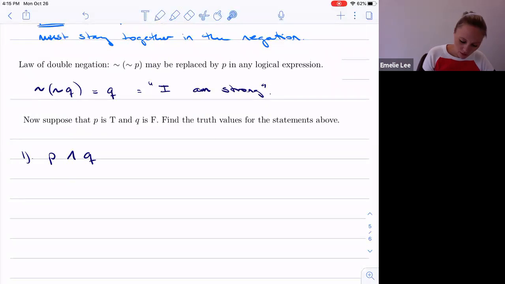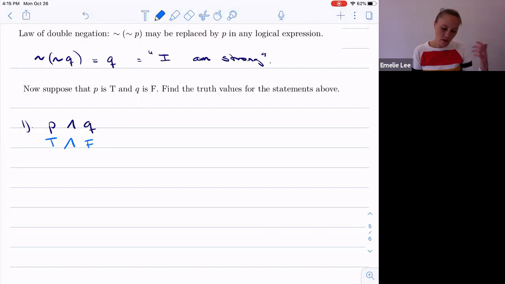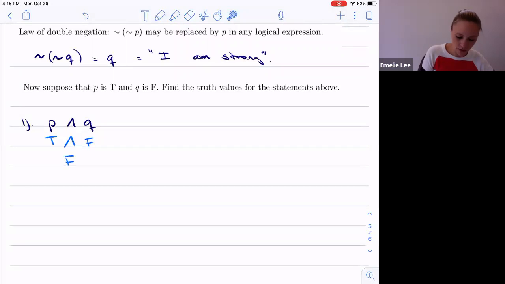So what I can do is replace P with true, and replace Q with false. So now I can look at a true and false. True and false makes a false statement. So overall, this statement is false.